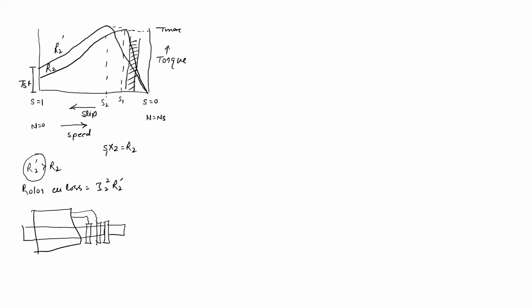Each phase is connected with the slip rings, and the slip ring is connected with balanced external resistance with the help of brushes over there. For starting purpose, the resistance is added into the rotor circuit, so the starting torque will be higher. Once the starting is over, this total resistance is cut out, and it will make the short circuit at this position.